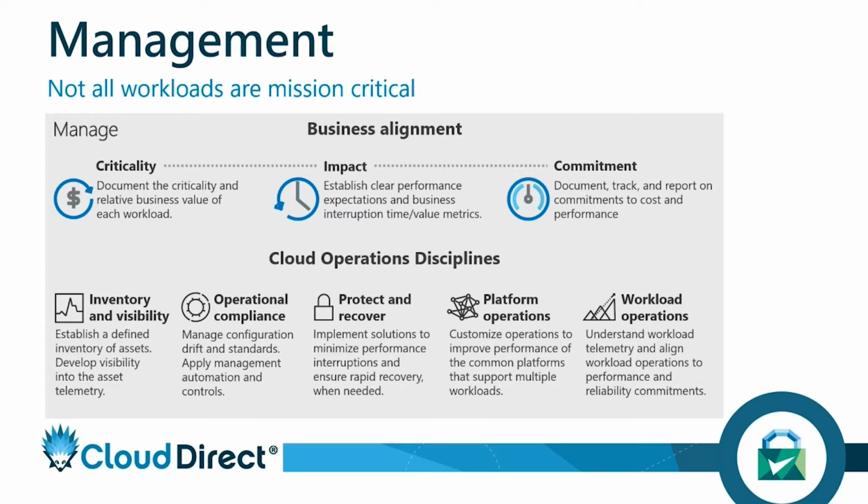I'll document it. That I'll commit to this level of performance, this level of uptime, this level of cost, whatever it is that the business is driving you towards. And that really becomes, as you said before, your management baseline, your minimum commitment to the business and what you have and how you will deliver it.